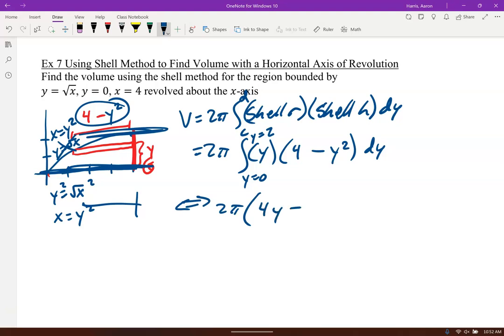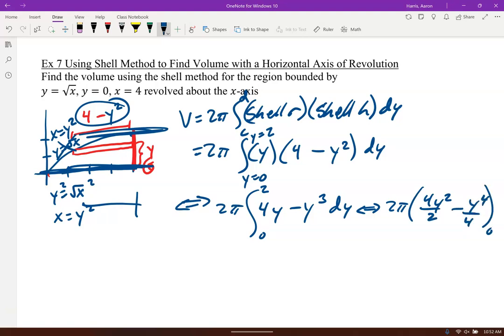So we got 4y minus y cubed dy from 0 to 2. So we got 2 pi times 4y squared over 2 minus y to the 4th over 4 from 0 to 2.